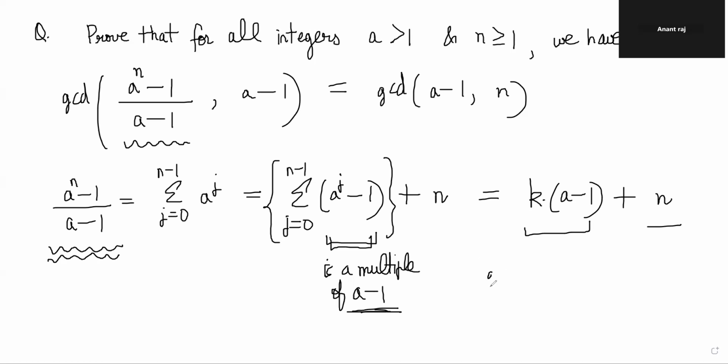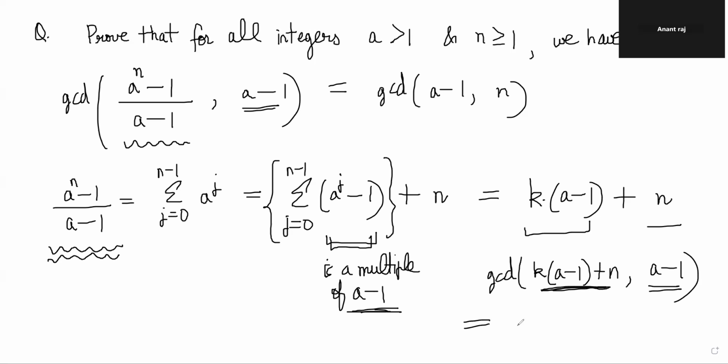So now when we do GCD of this thing with a minus 1, we have to do GCD of k into a minus 1 plus n with a minus 1, right? So automatically, what will be the GCD of these two? It will be the same as the GCD of n and a minus 1. How do you understand this?